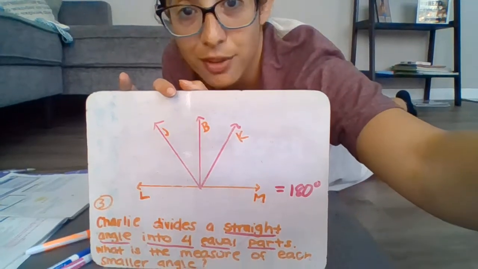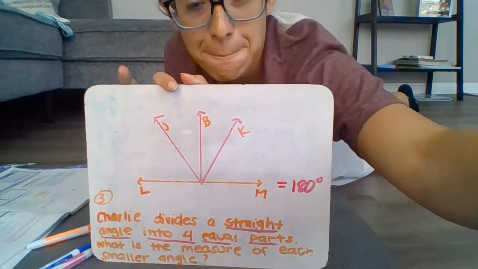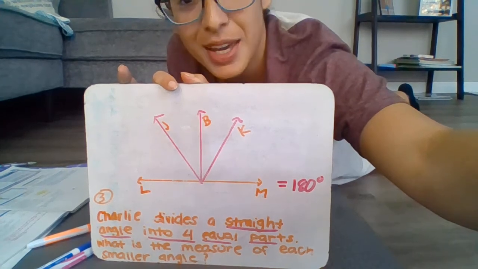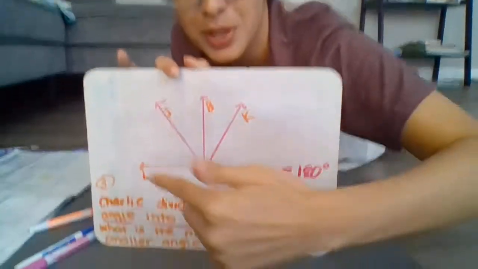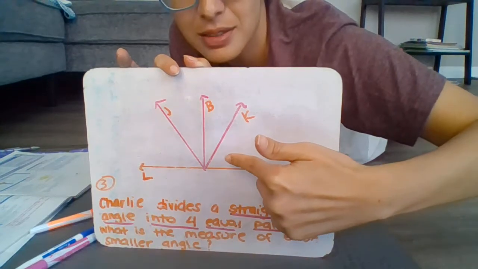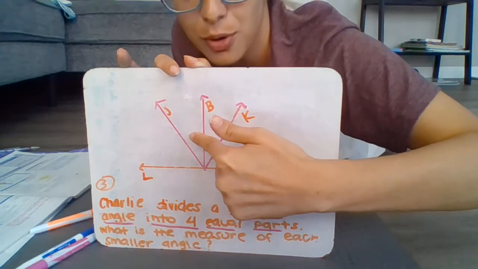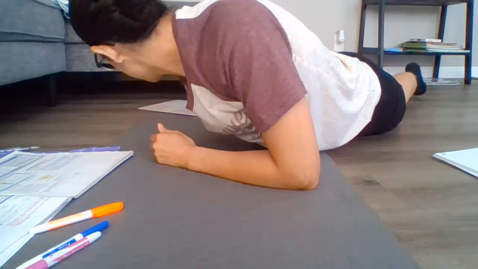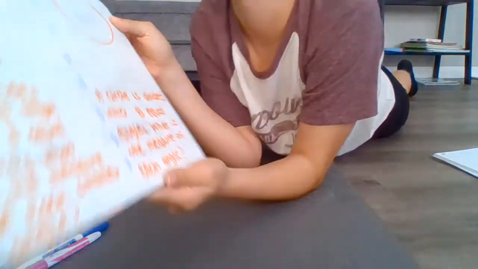So what's the math for this? Figure it out. I'm not going to give you the answer. You can do it. 180 divided into 4 equal parts. And last one. Last 2, actually, I lied.